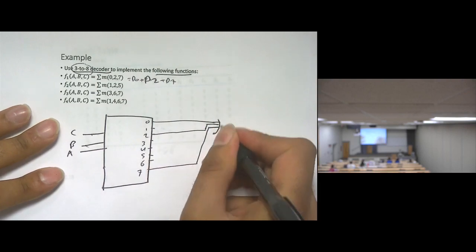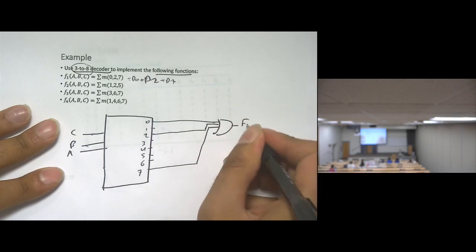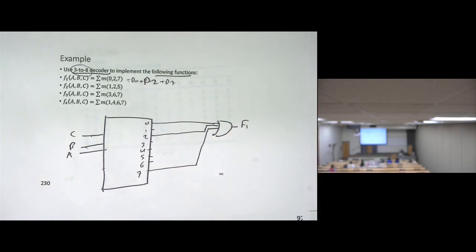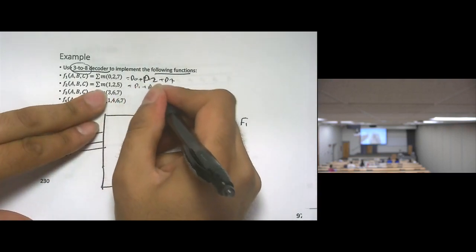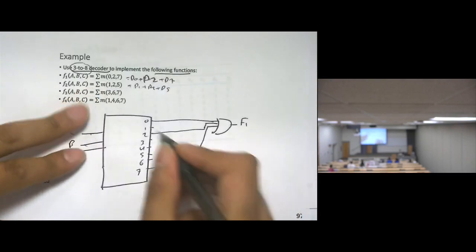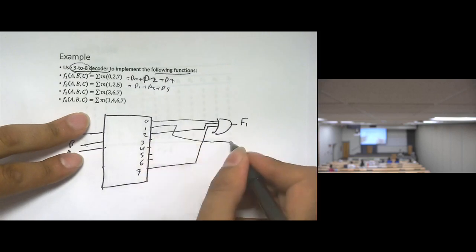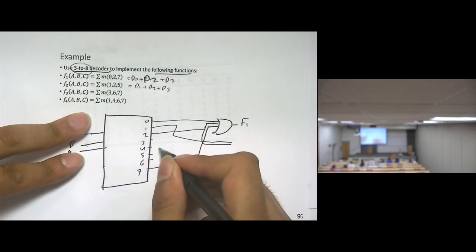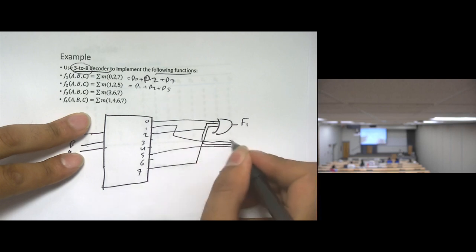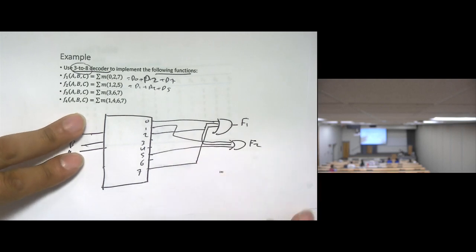And they are all ORed. This is F1. That's it. Very simple. How about F2? F2, which is actually D1 plus D2 plus D5. So D1, here is D2, D5. So this is F2.